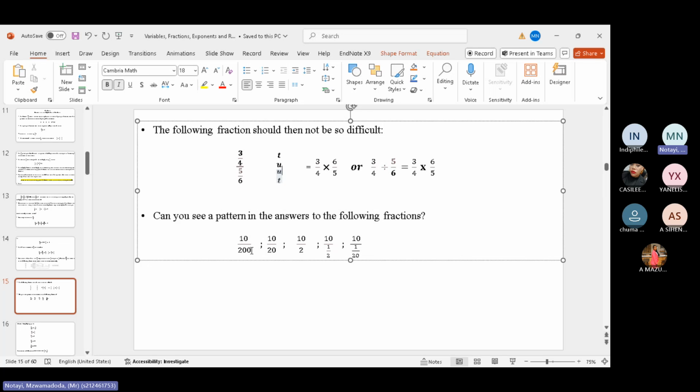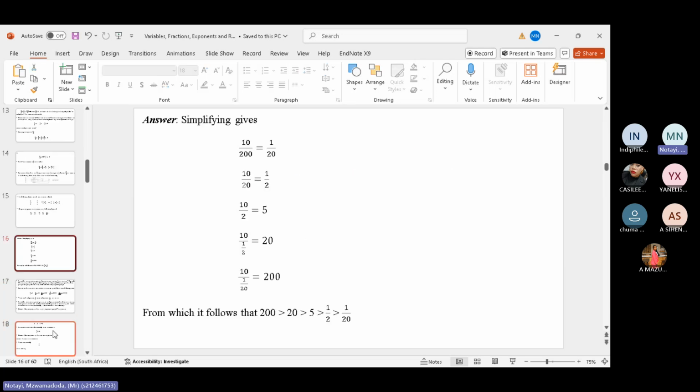Can you see the pattern in the answers of the following fractions? So 10 divided by 200, 10 divided by 20, 10 divided by 2, and 10 divided by half, and then 10 divided by 1 over 20. Let's have a look at the pattern. The simplification gives 10 over 200 is 1 over 20. 10 over 20 is 1 over 2. So 10 over 2 is equal to 5.